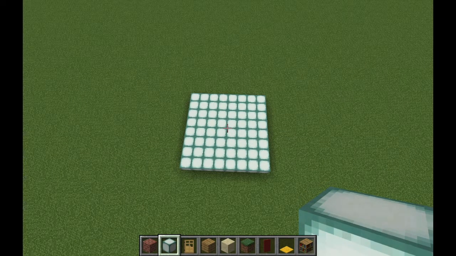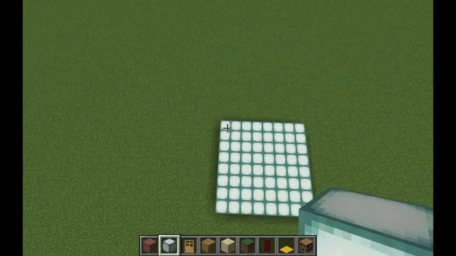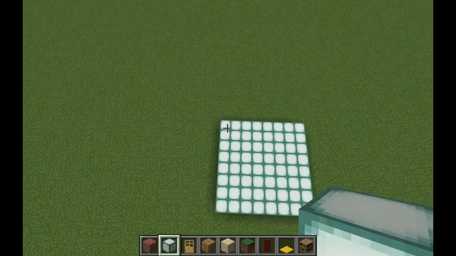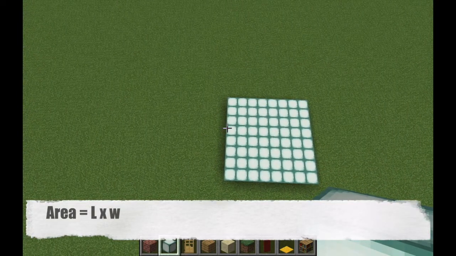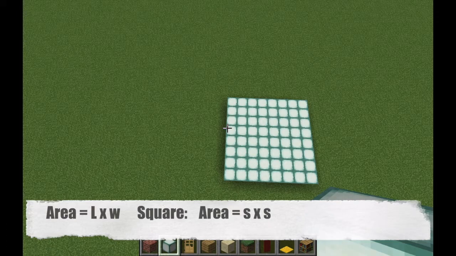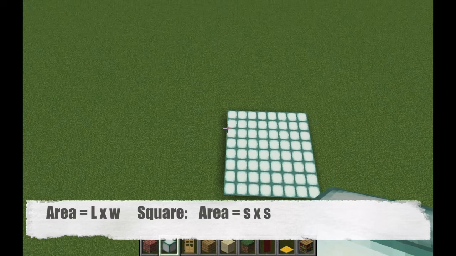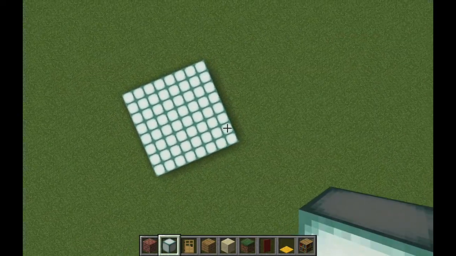I can sit here and count every single square if I want, or we can take a look at the area formula, the length times the width. Well, for a square, there is no difference between the length and the width. So the area of a square is going to be area equals S times S, where S is the side. So if one side is 8, the other side is 8.